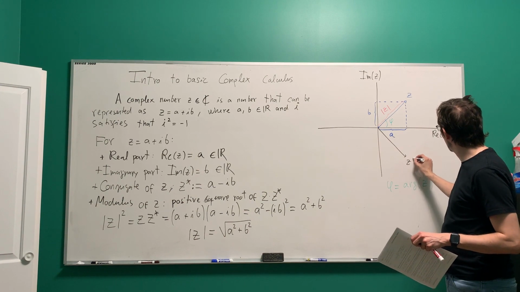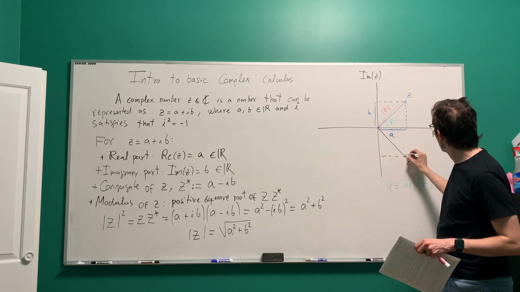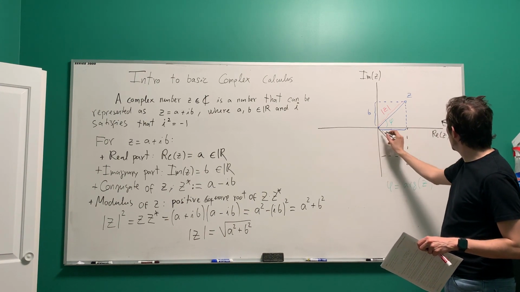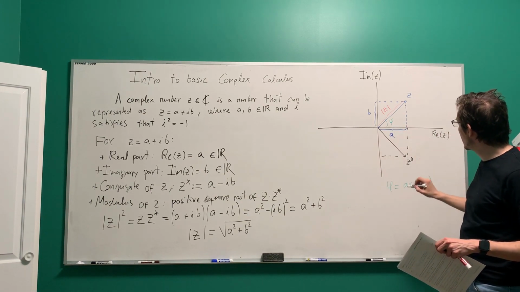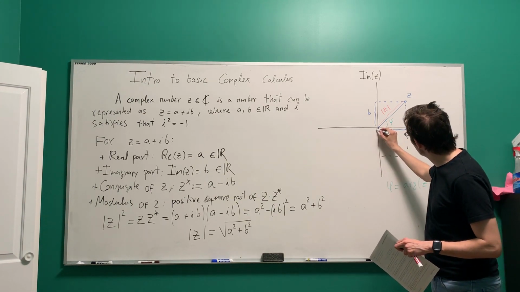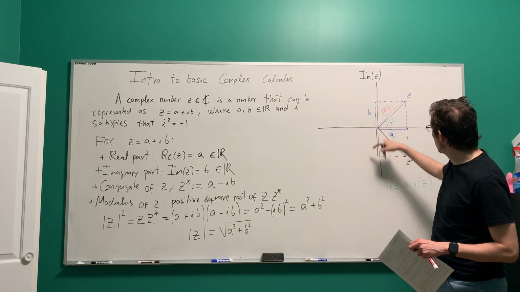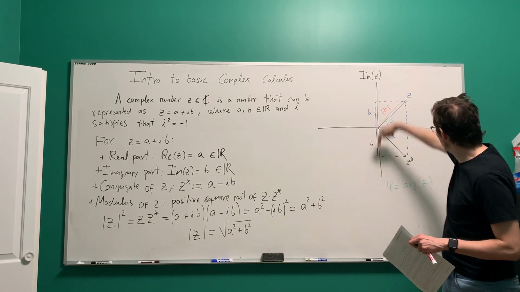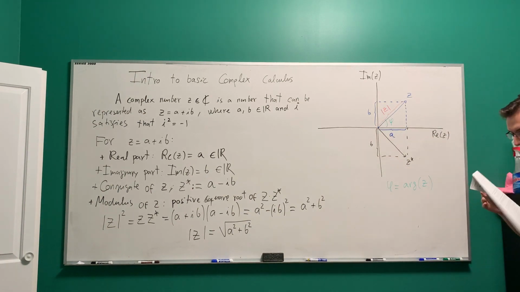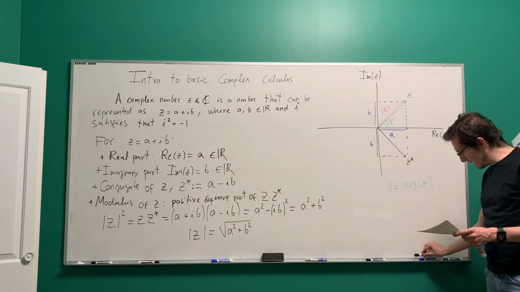So this is z conjugate with the same a, the real part is the same, but now the imaginary part is changing sign. So it's a length b, but in the negative imaginary part. And of course they have the same length, so the modulus of z and its conjugate is the same. All right.